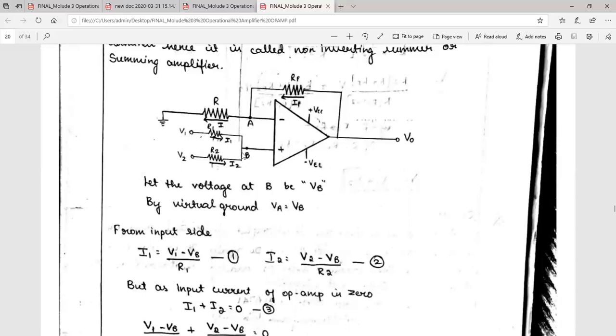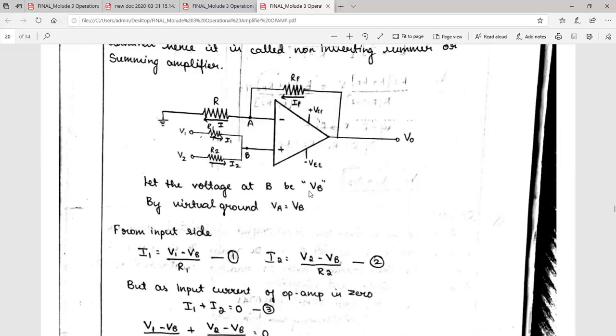It is unknown to us. So let the voltage at point B be called VB for now. We also know that by the virtual ground concept, whatever voltage is here appears the same at this point VA. So by virtual ground, VA will be equivalent to VB.